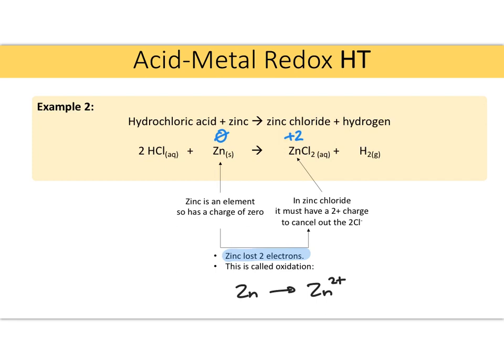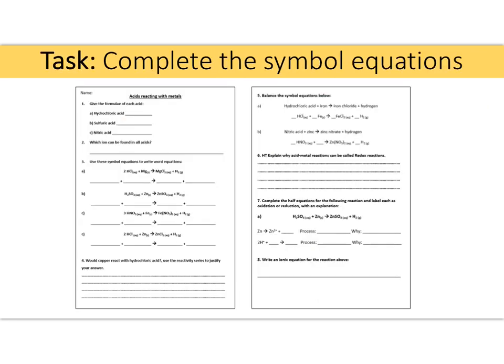The only thing we can do is add electrons, because this is all about electrons. All they can do is bring the number down. We need to bring it down from +2 to 0, so we have to add 2 electrons. And that's oxidation.